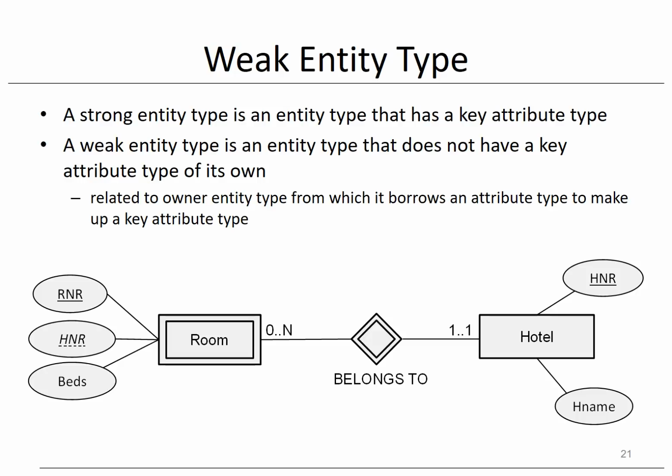Weak entity types are represented in the EER model using a double-lined rectangle as illustrated in the figure. The rhombus representing the relationship type through which the weak entity type borrows a key attribute type is double-lined as well. The borrowed attribute type or attribute types are underlined using a dashed line.